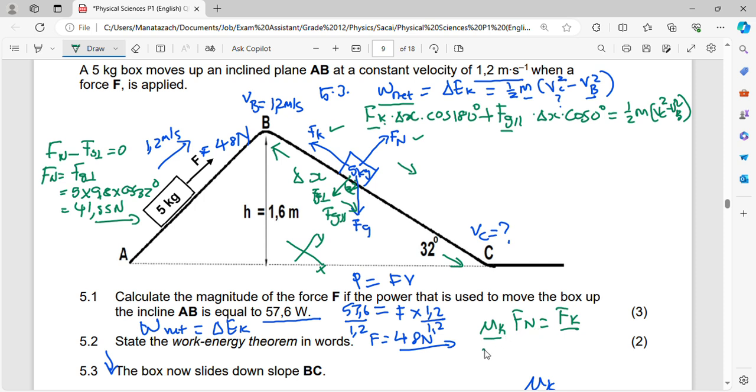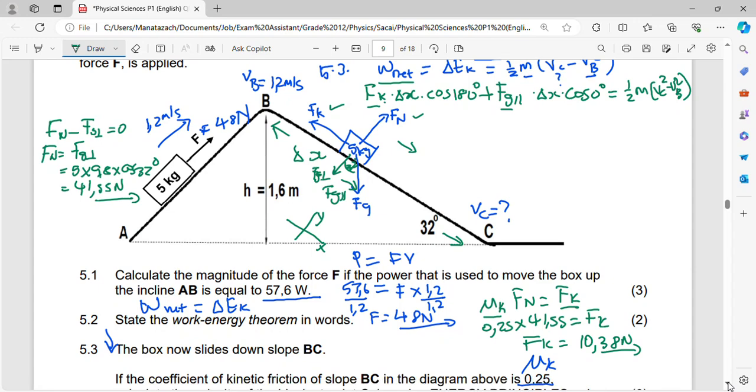The coefficient of kinetic friction is 0.25, given. Then I've just worked out Fn is 41.55. That's equal to Fk. So that means Fk is going to be 10.338 Newton. So that's going to be my Fk.